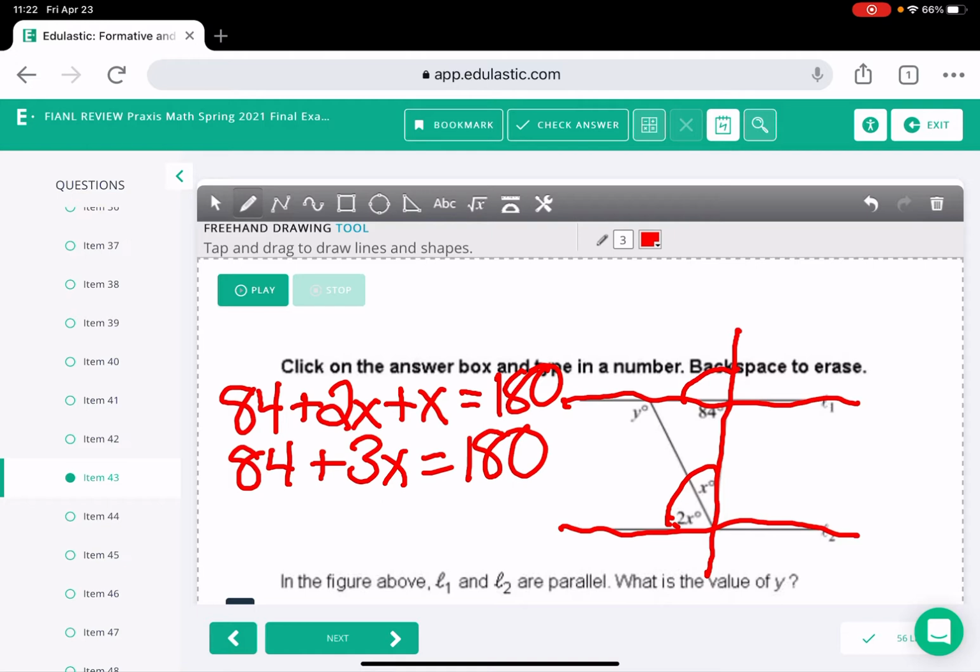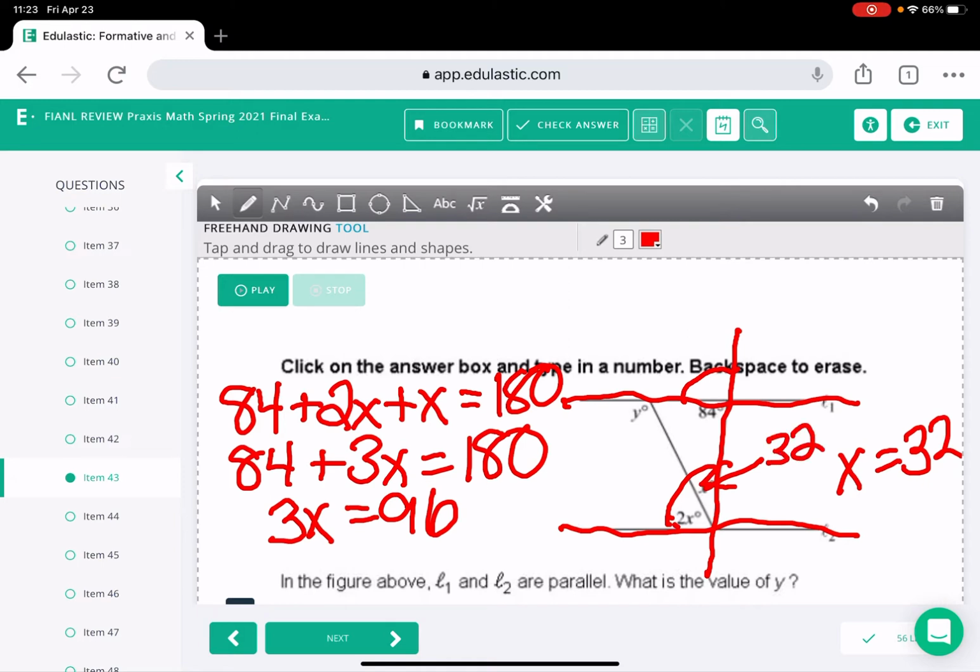Subtract 84 from both sides. So 180 minus 84 is 96. So then you get 3x equals 96. So x will be equal to 32. So now I know that this is 32.